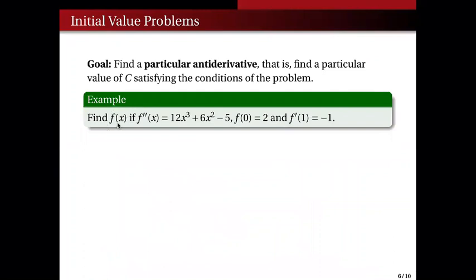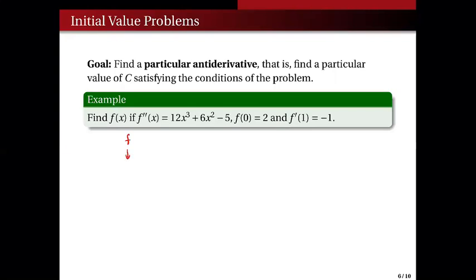Let's have this. Find f of x if f double prime of x equals 12x cubed plus 6x squared minus 5, if f of 0 equals +2, and f prime of 1 equals negative 1. So, just like before, this is an antiderivative problem. We have function f.